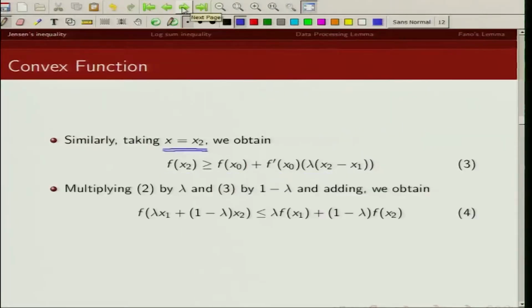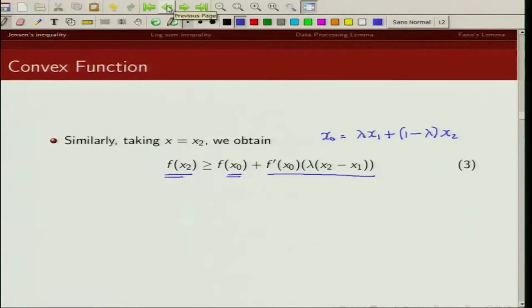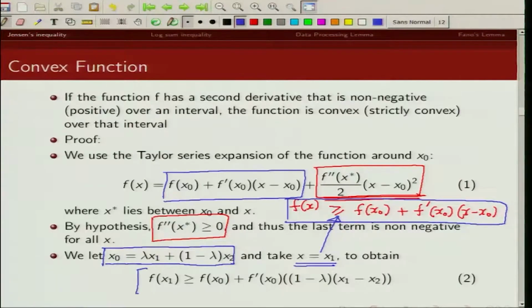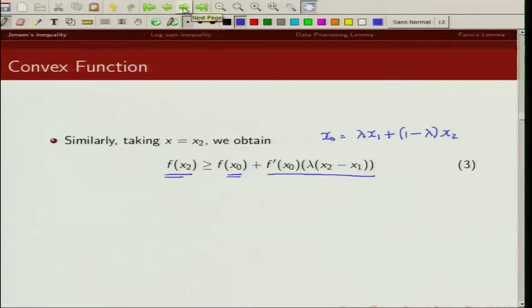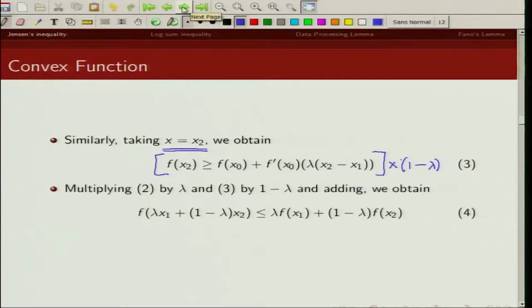Okay. Now what I am going to do is multiply equation 2 by lambda, and equation 3 by 1 minus lambda, and then add them up.